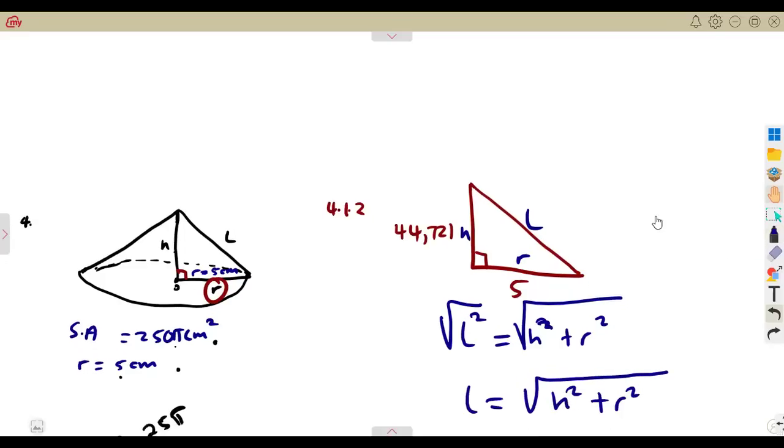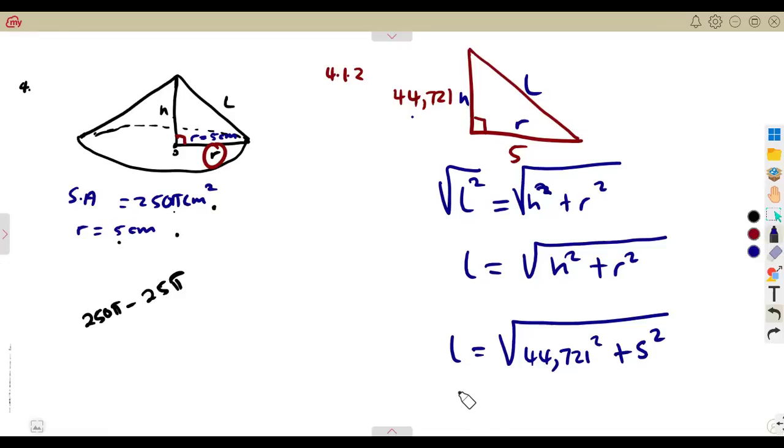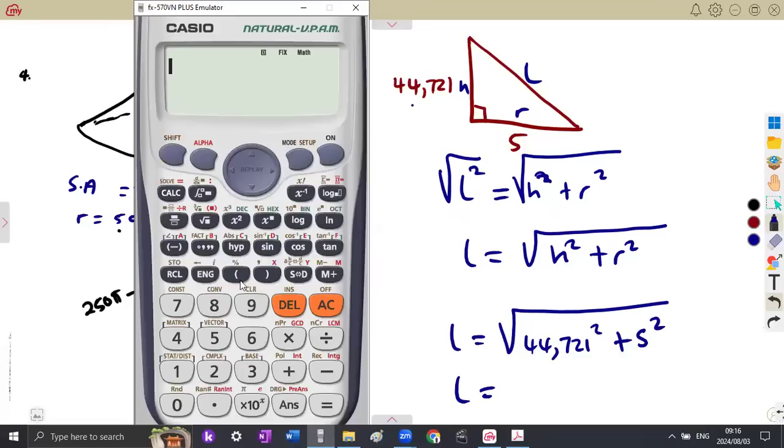So thus we can just substitute what we calculated in this case. So it's going to be the square root of h, which is 44.721 squared, plus the radius squared, which is 5 squared. So on your calculator, simplify this already. Our calculator is already fixed to 3 decimal places. So meaning to say, whatever we are going to obtain will be to 3 decimal places.